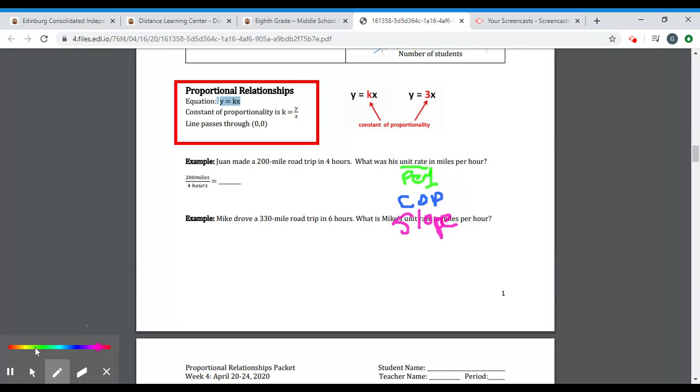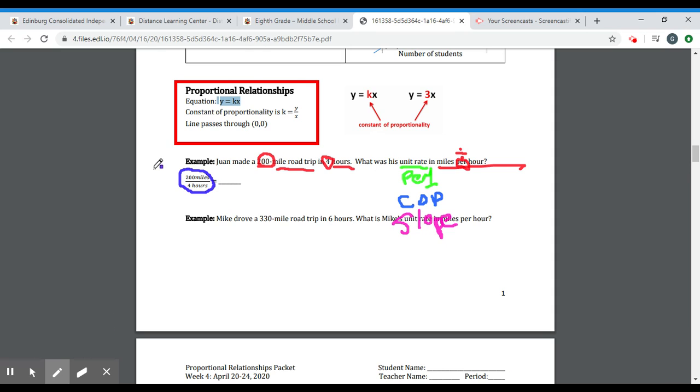So if we go back to the word problem, it says that Juan made a 200-mile road trip in 4 hours. So they want miles per hour. Remember that per means to divide. So you would set it up just like this: 200 miles over 4.